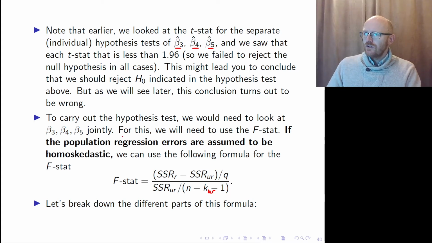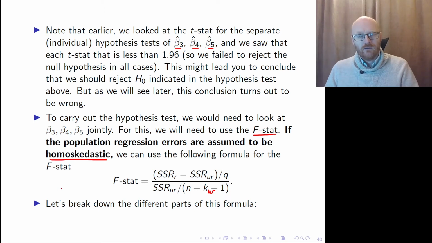So to carry out this joint test, we use the F-stat, and quite important, the population regression errors are assumed to be homoscedastic. If we use this formula, the regression errors need to be homoscedastic.